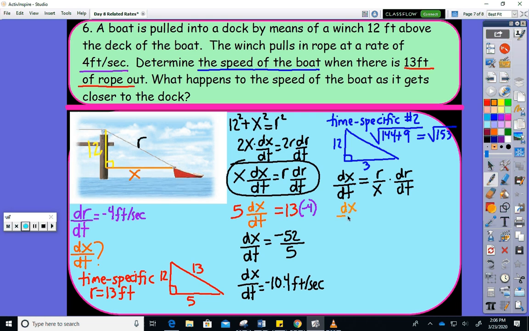I want to know how fast is the boat going now. The r at this point is the square root of 153, which I just calculated. The x is 3. I just made up any value where x was shorter than 5. You could have done it for anything. x could have been 4, or you could have made it 1 or 2.5, whatever you wanted x to be, by the way. dr/dt, I know, is -4.